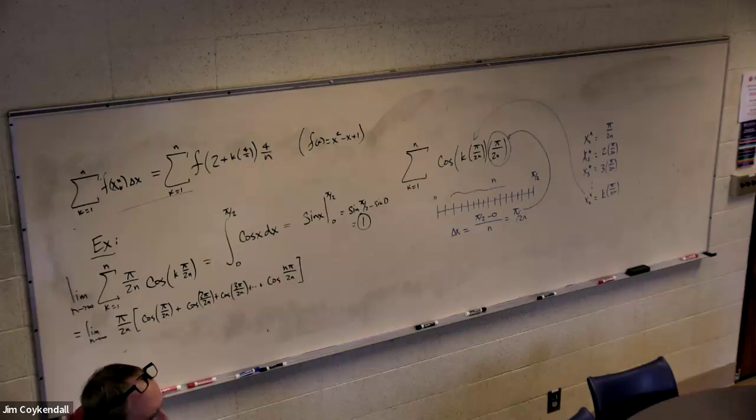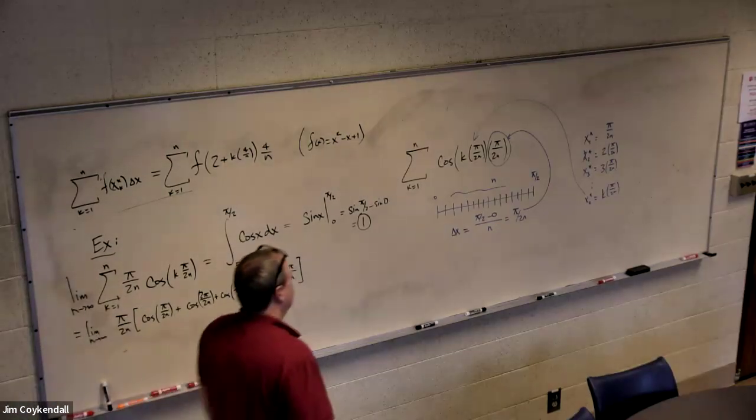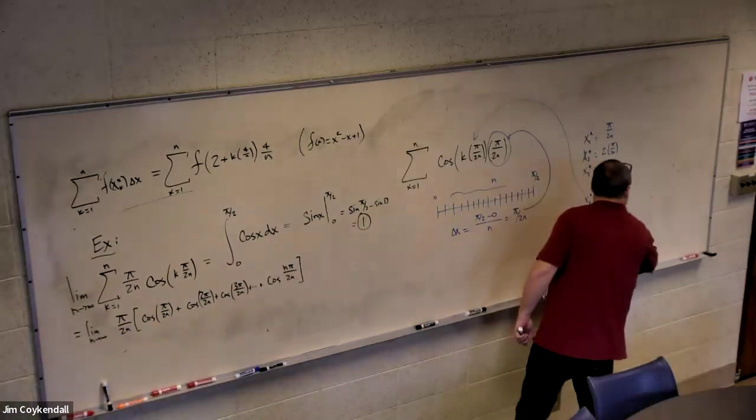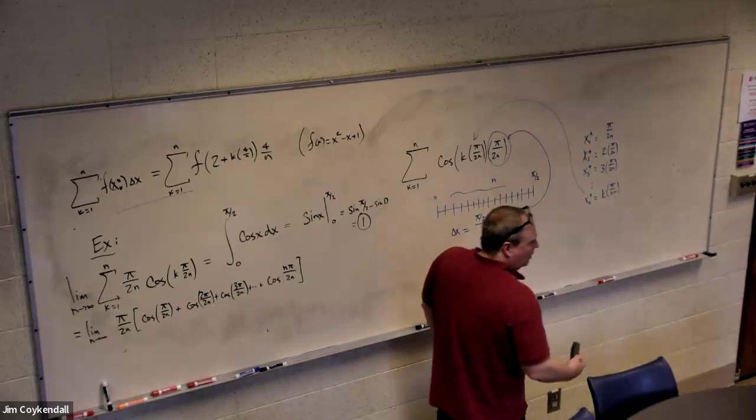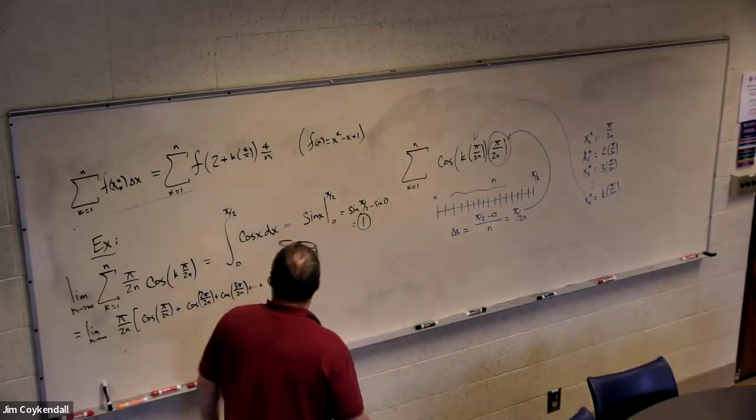Okay, another one. Consider the function f of x, which is the square root of r squared minus x squared on the interval from minus r to r, and the area between its curve and the x-axis. Did I get the question out? Yes, you might have done that last day.